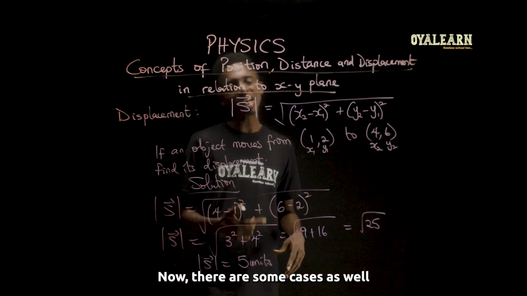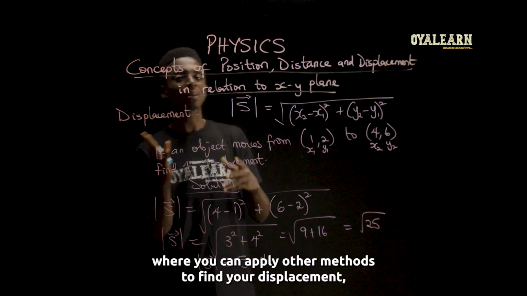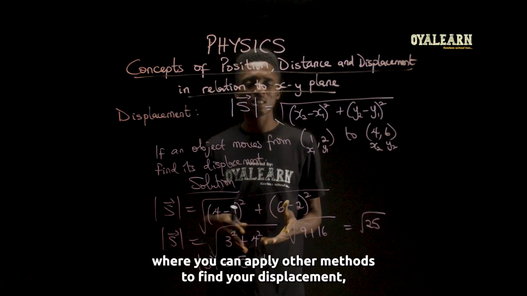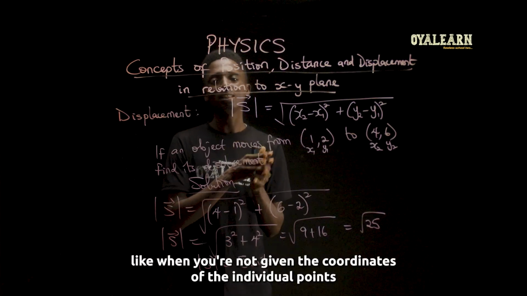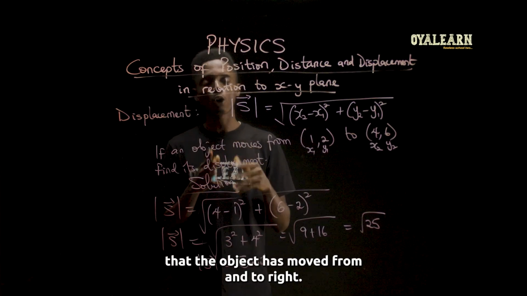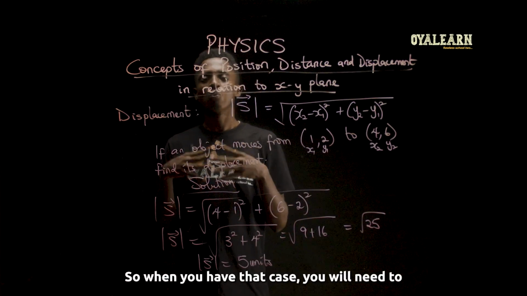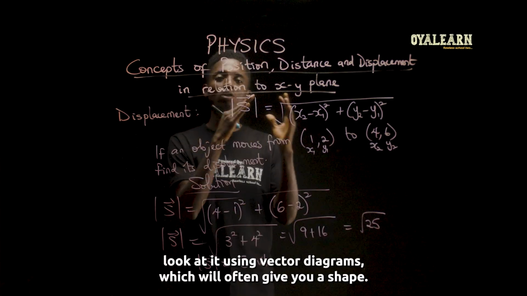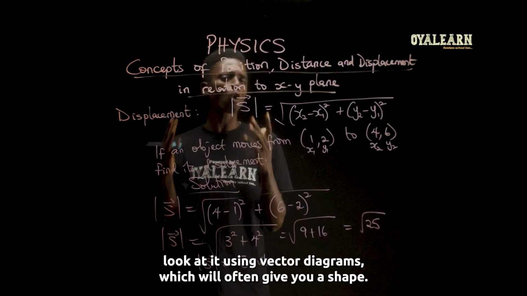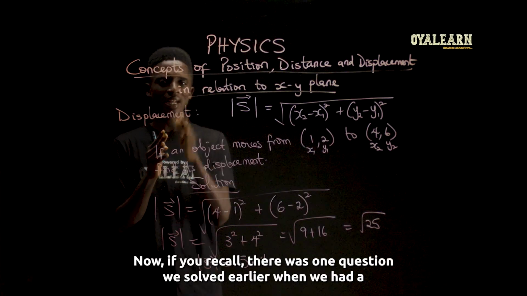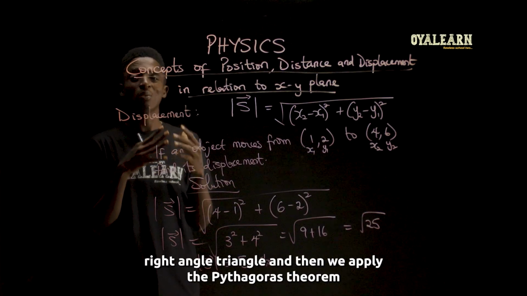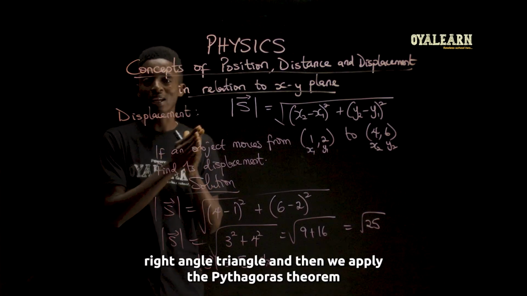Now there are some cases where you can apply other methods to find your displacement, like when you're not given the coordinates of the individual points that the object has moved from and to. So when you have that case, you may need to look at it using vector diagrams, which will often give you a shape. If you recall, there was one question we solved earlier where we had a right angle triangle and then we applied the Pythagoras theorem.